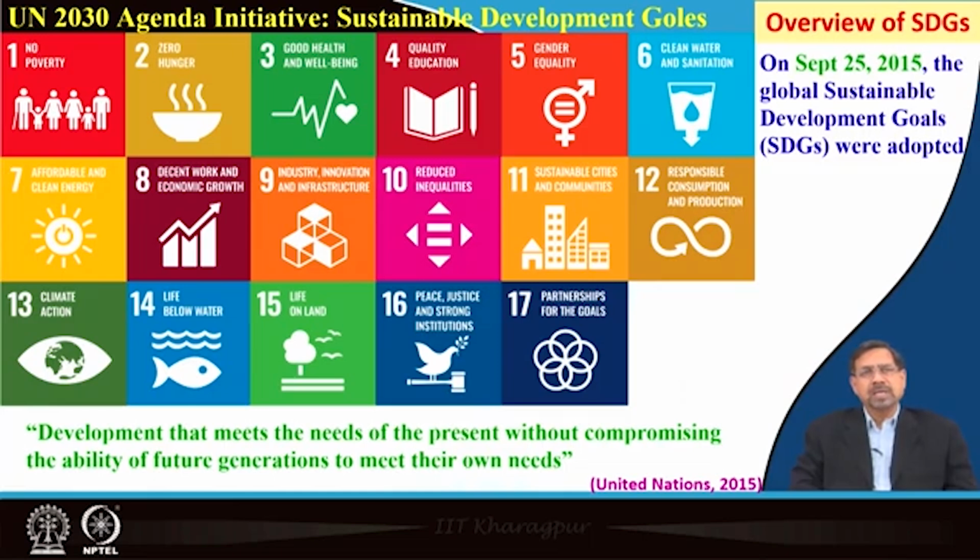Coming to the 10th one, reduced inequalities. Yes, we have to reduce inequality among and between us, at several levels and scales, so that human beings are one in terms of many of these fundamental rights. And coming to 11, sustainable cities and communities.